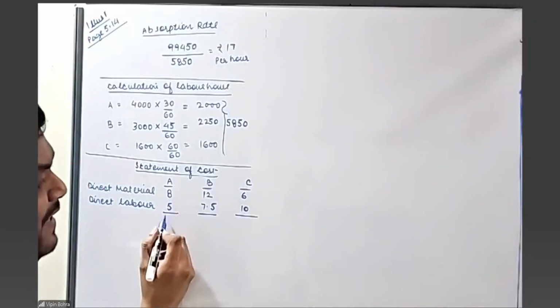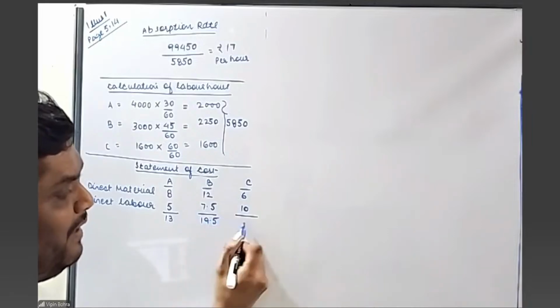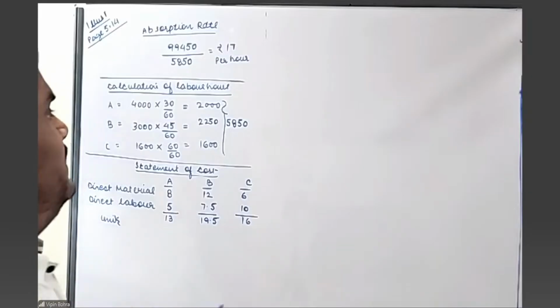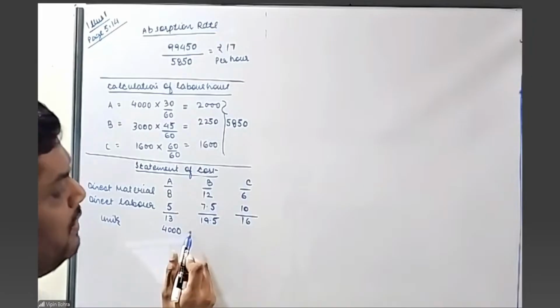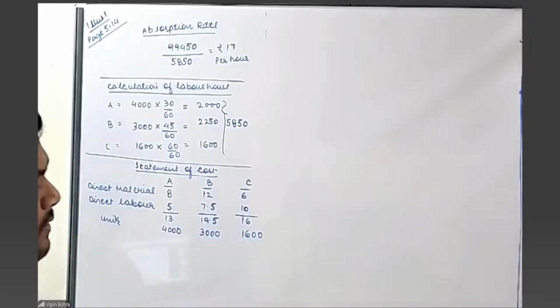So 8 plus 5, it is 13. It is 19.5. And this is 16. We have the number of units also. That is, the total number of units are 4,000, 3,000 and 1,600.